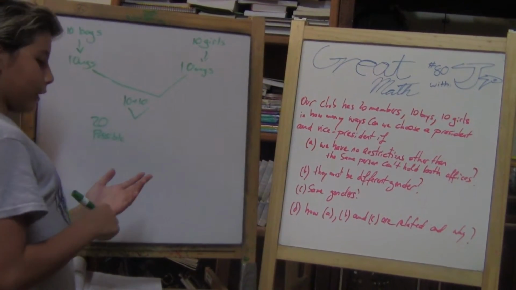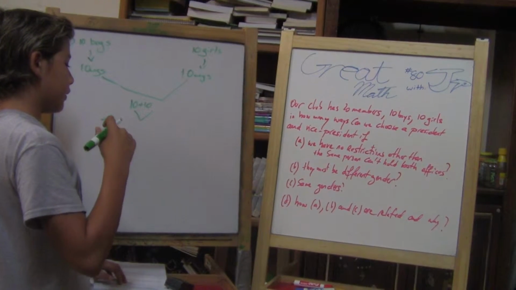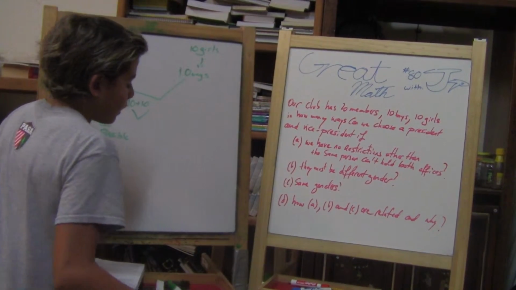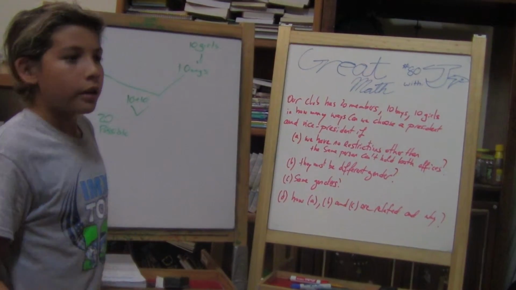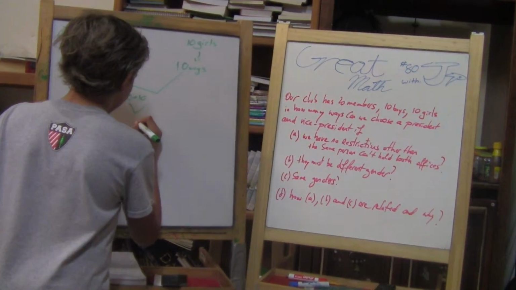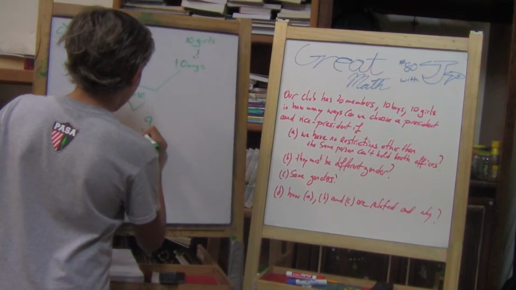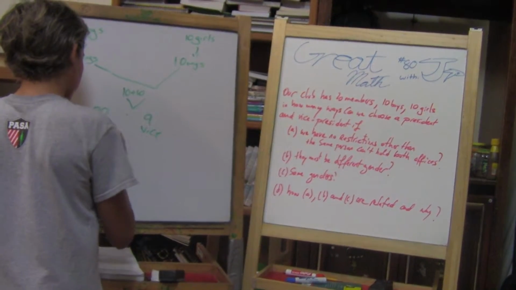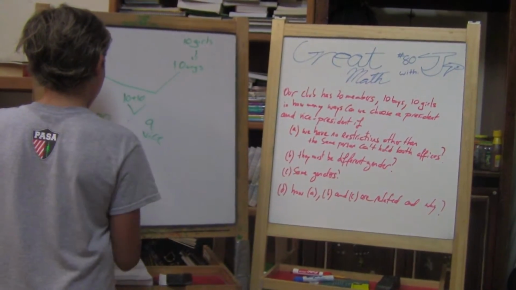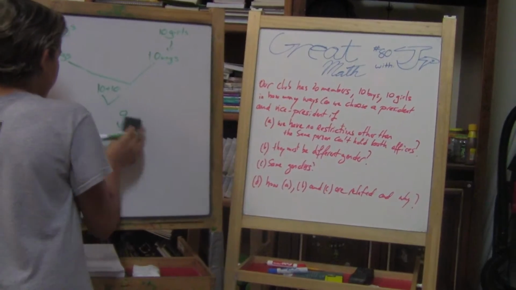So once a girl or a boy gets it, then the rest of the opposite gender has to stop. And then the same gender gets the next chance, which means it's 9 for the vice. Sorry, I put possible here, I meant president. So when you get that together, you get 180 for C.